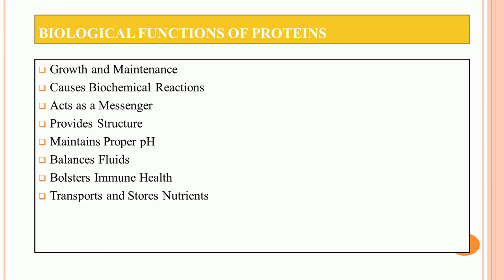Now to some biological functions of proteins: they are important for growth and maintenance, they cause chemical reactions, act as a messenger, provide structure, maintain proper pH, fluid balance, immune health and transport, which we have already discussed in our previous lecture.